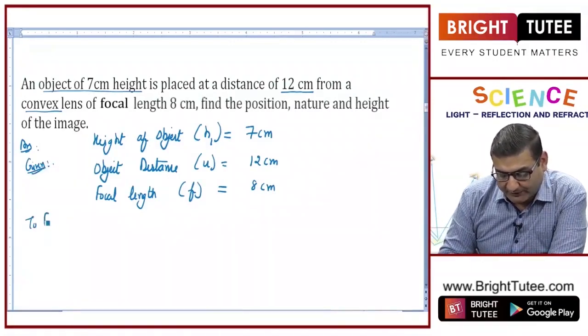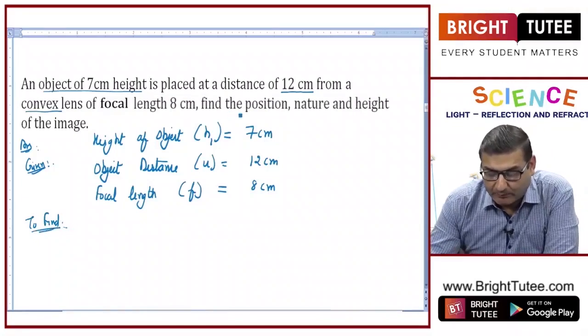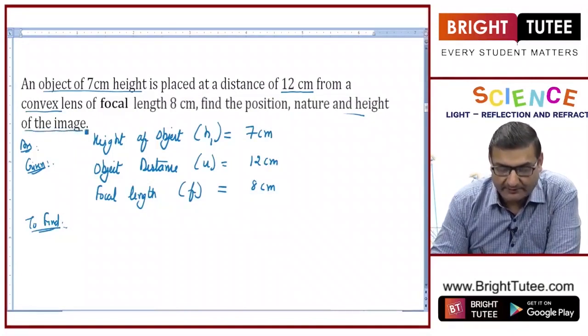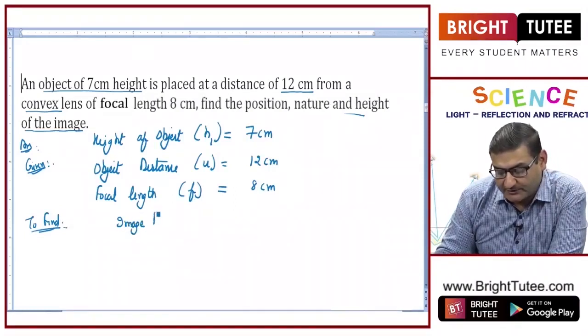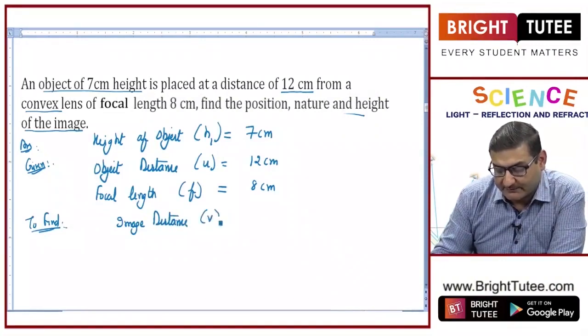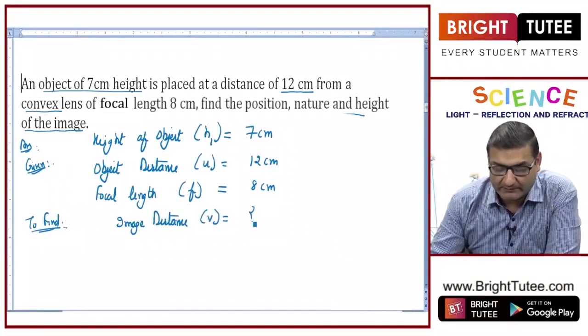Now what we need to find? We need to find the position, nature and height of the image. Position of the image means we need to find out image distance, represented by small v, that has to be calculated.